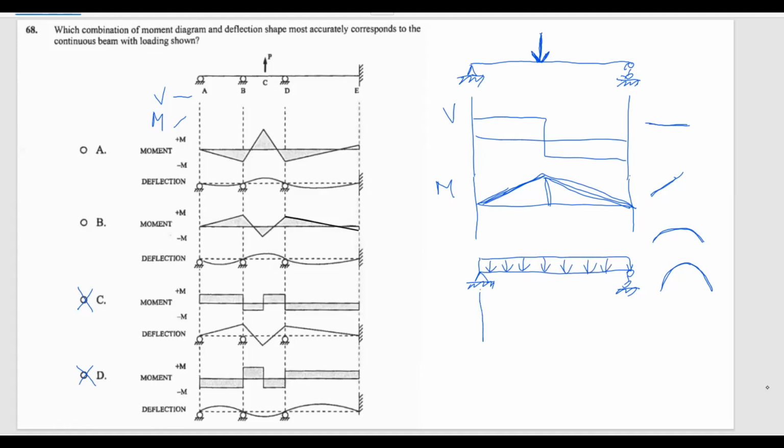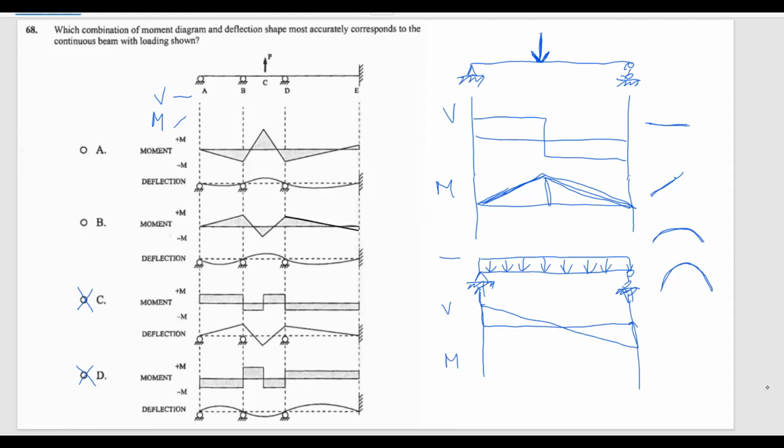So when we have the moment diagram for this beam, I know that the shear diagram is going to be linear. If I want to draw the shear diagram, I'm going to have my reactions here, going upwards, and then it's going to go like this. So this is linear.